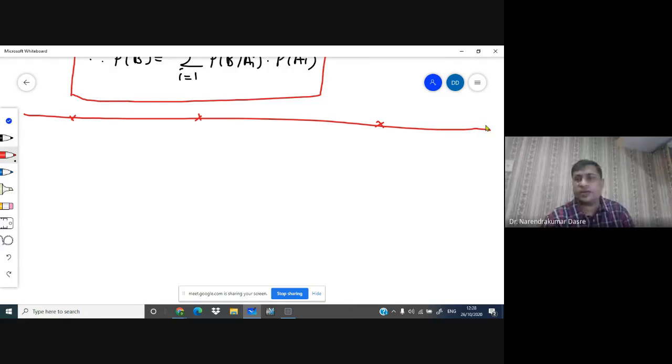So we have to understand the total probability theorem and the Bayes theorem. Okay, so Bayes theorem is slightly the reverse of the total probability theorem. So this is Bayes theorem.